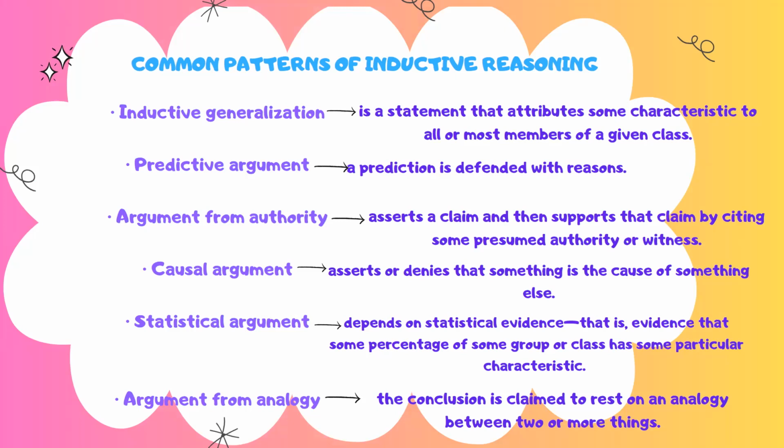The second one is predictive argument, where a prediction is defended with reasons. An example: most US presidents have been tall. Therefore, it's probably the next US president will be tall. The third one is argument from authority.